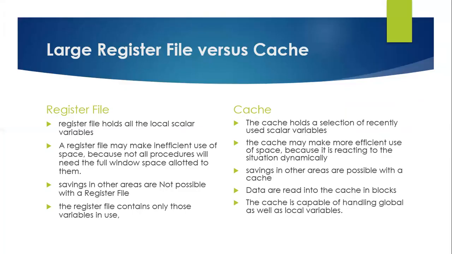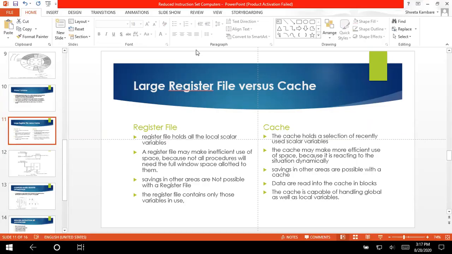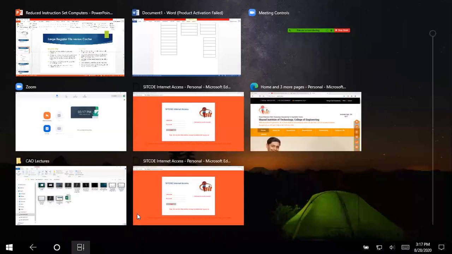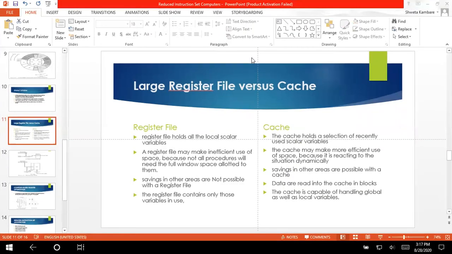As we have already talked about, a larger register file means considering more registers for storing all your variables which are used frequently. The operands which are used frequently can be stored in your registers, and this is how we can reduce the time.